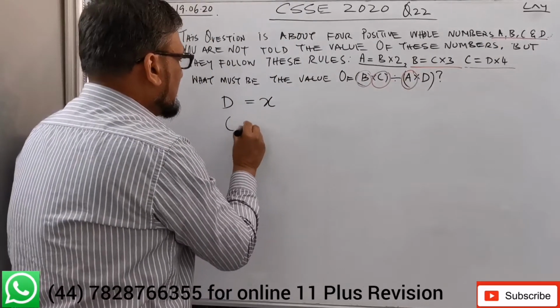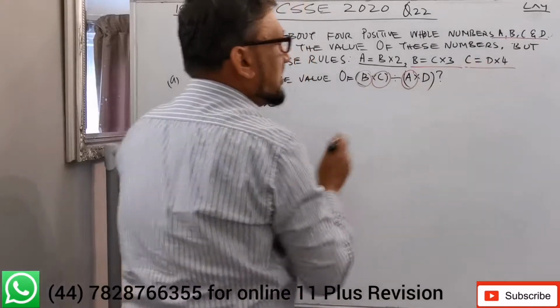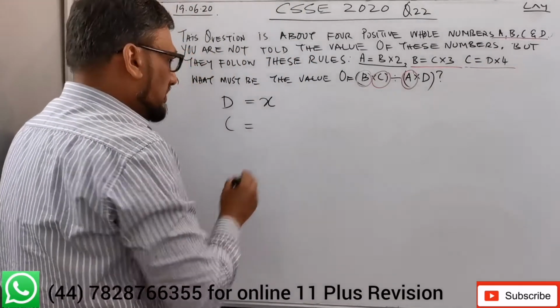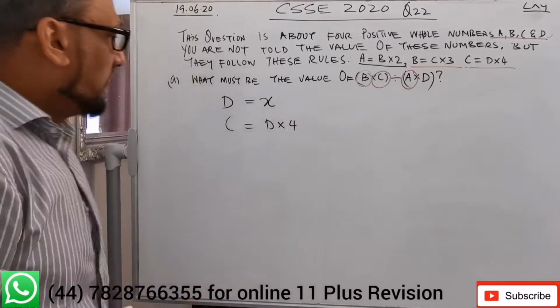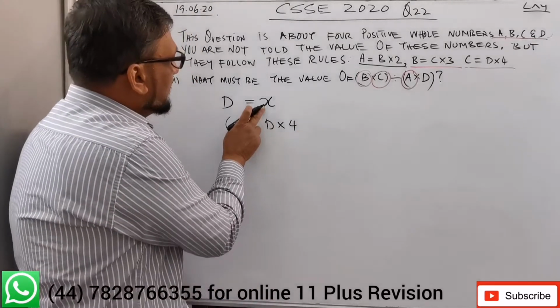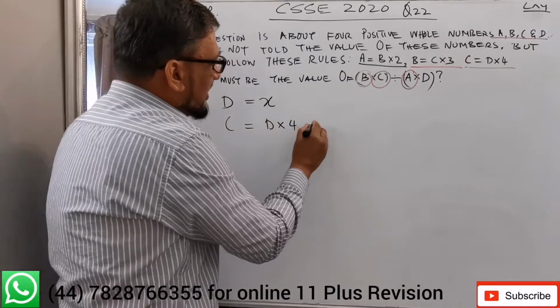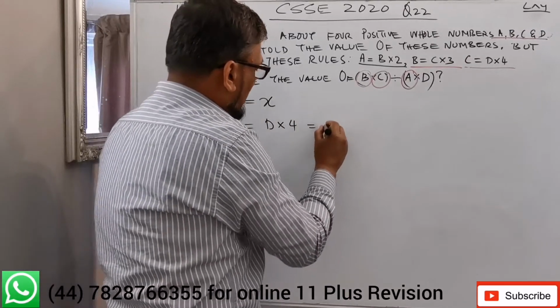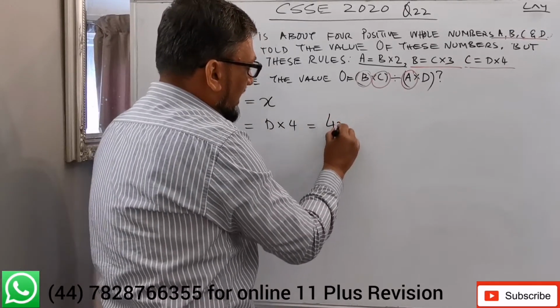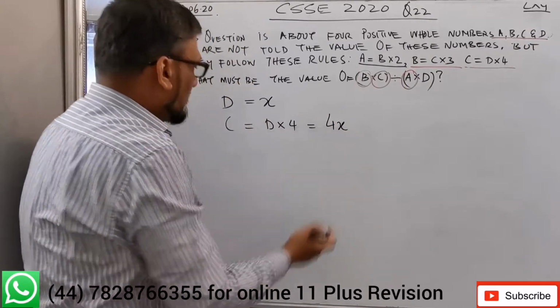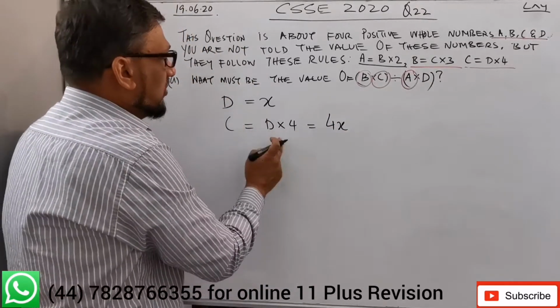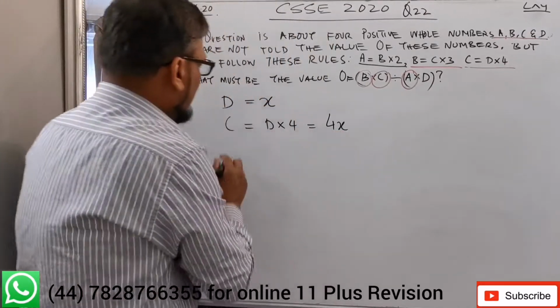First go for C. C equal to D times 4. If I substitute the value of D, which is X, this will become 4X. So X times 4 is 4X. So the C value will be 4X.